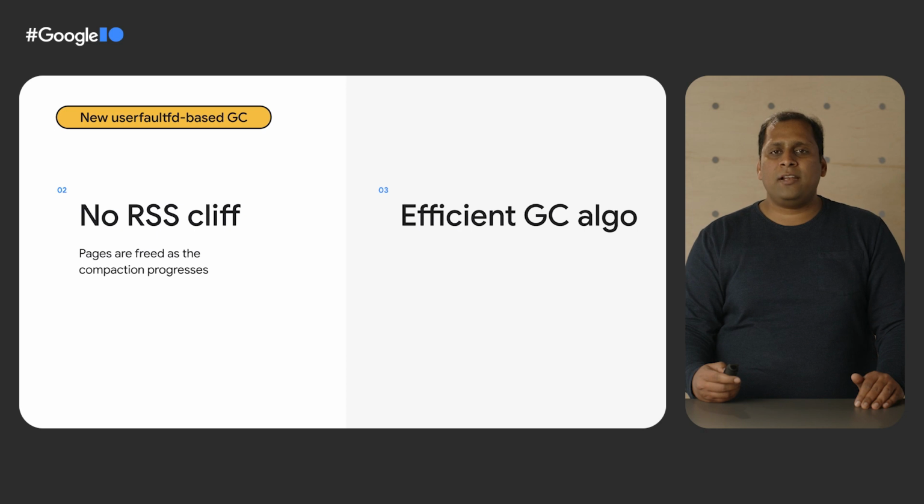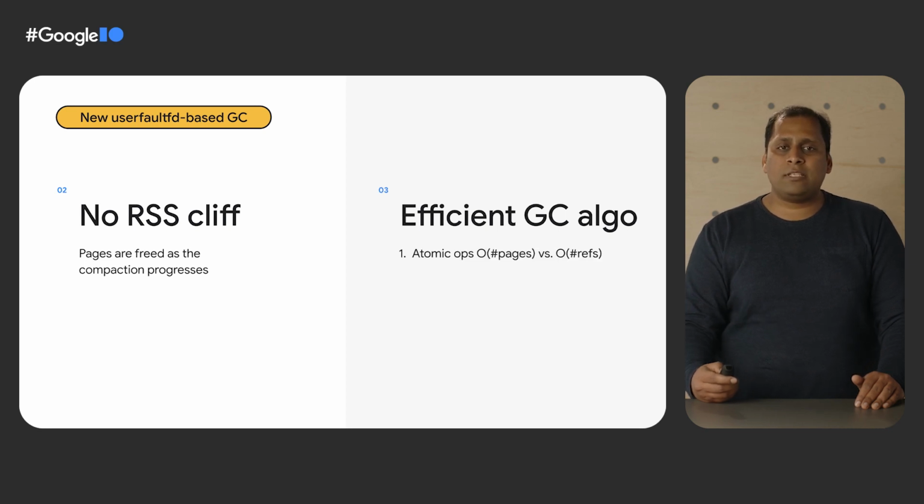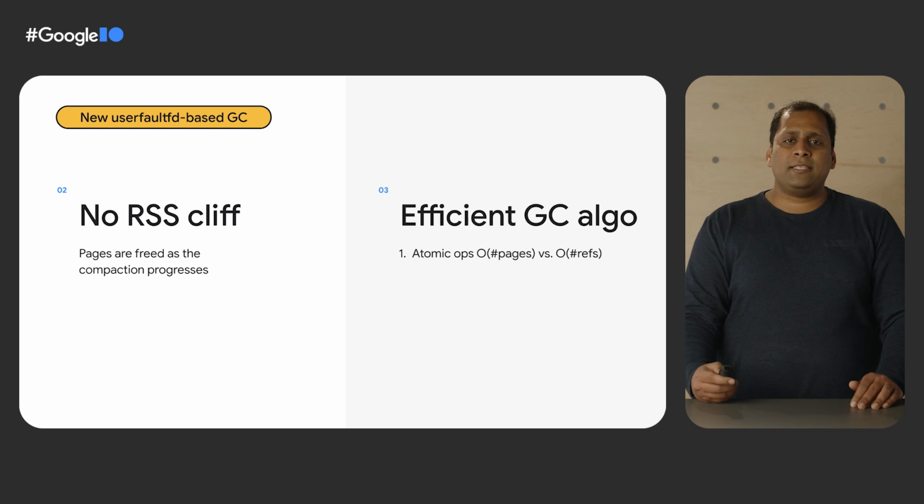Also, there are several other ways in which this GC algorithm is more efficient than the current one. First, the number of atomic operations, which stall the processor pipeline and hence the fewer the better, are in the order of number of pages as compared to the current GC, in which case it's in the order of number of references. Reference count at any time on the heap is expected to be several orders of magnitude more than the number of pages.